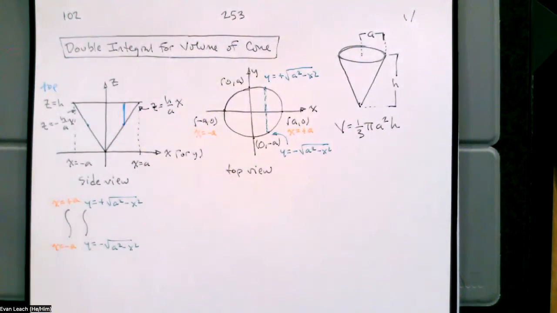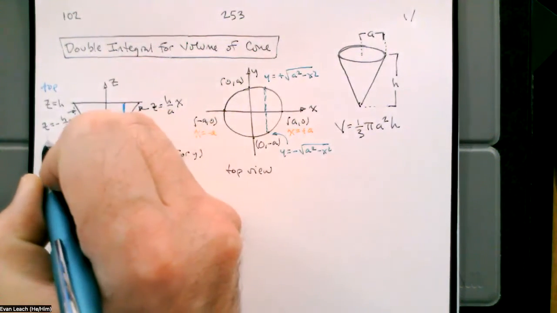So we've got this plus and minus h over a times x. Got these two different bottom lines.